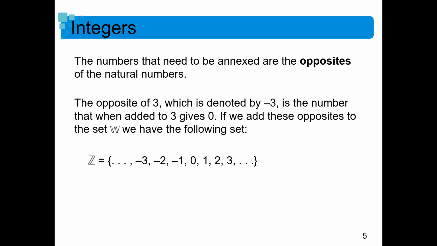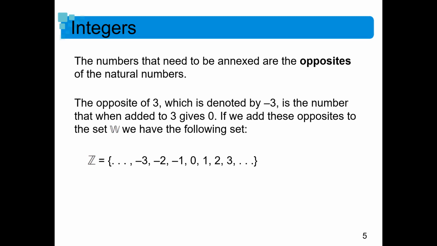The opposite of 3, which is denoted by negative 3, is the number that when added to 3 gives 0. If we add these opposites to the set W, we have the following set, set Z, where Z is the set of integers.